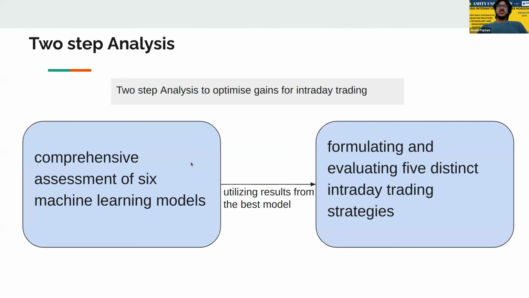First, I assess 6 machine learning models, and then I take the predictions from the best models and design 5 strategies to utilize those predictions. So it covers 2 aspects: increasing the accuracy of the predictions, and how to use those predictions to come up with higher gains.